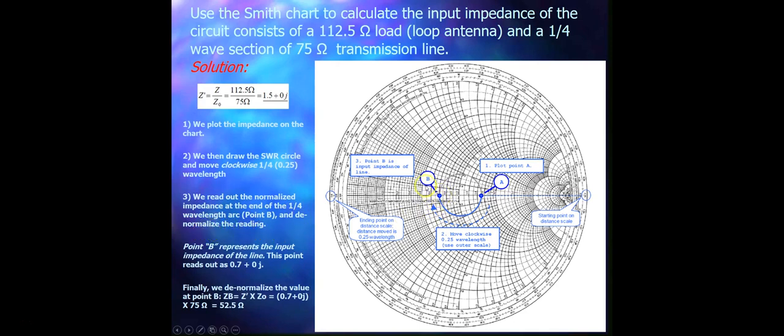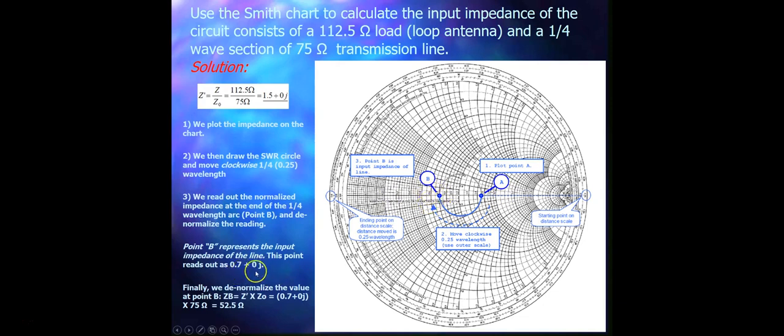When you come here, you mark this point as B, where point B is the input impedance of the line. Write the value of the input impedance. In this case, at B, our input impedance comes out to be 0.7 plus 0j. It is 0j because it is on the real axis, so we have pure resistance.